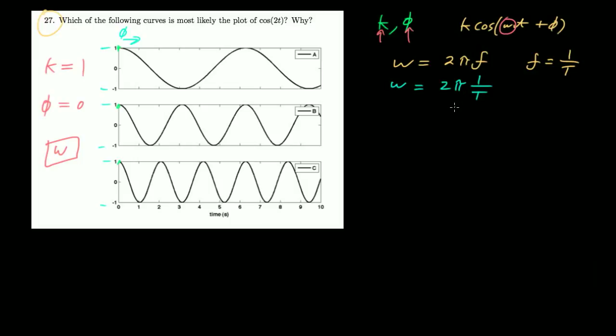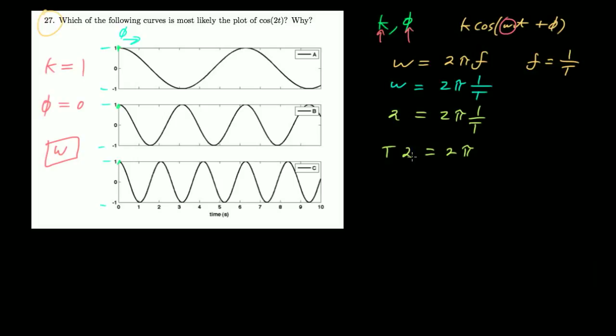Now I'm looking for a cosine where omega is equal to 2. That's the omega I want. So I substitute in 2 for omega: 2 is equal to 2 pi times 1 over T. Multiplying both sides by T, I get 2T is equal to 2 pi.